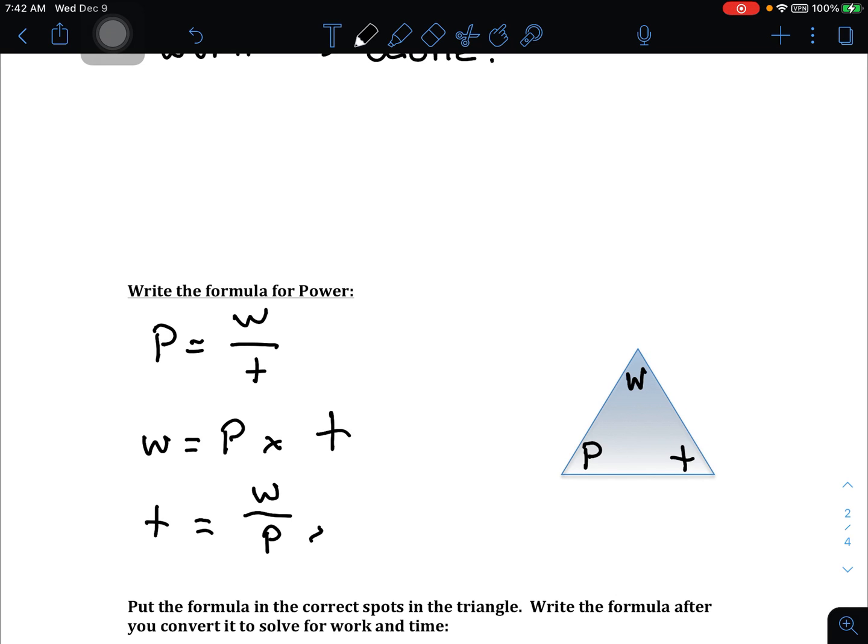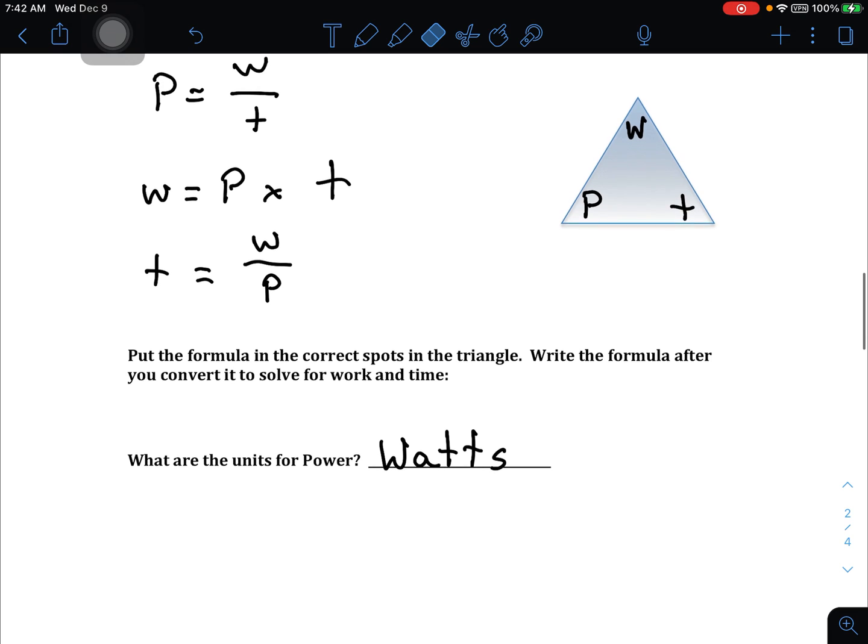So if I want to change my formula around for power, it would be P equals W over T, W equals P times T, or T equals work divided by power. The unit of power that we use is called the watt, which we discussed yesterday and is sometimes seen on light bulbs.